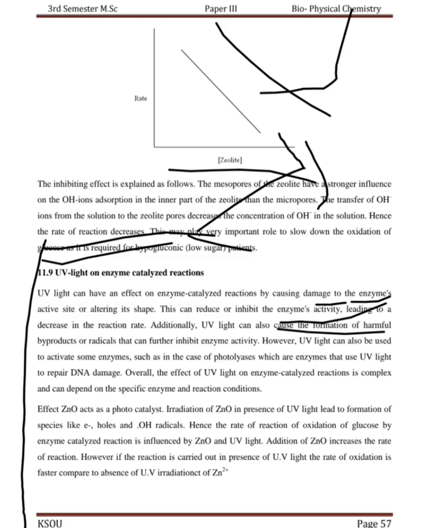As the reaction rate decreases, the activity of the protein also decreases. And one more point, UV light can also cause the formation of harmful byproducts or radicals that can further inhibit enzyme activity.